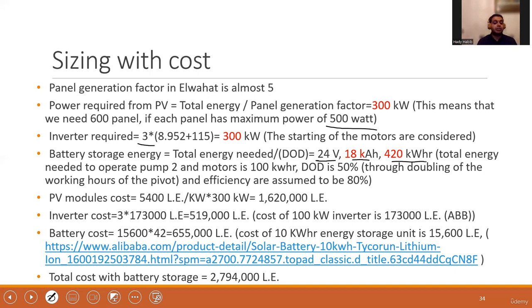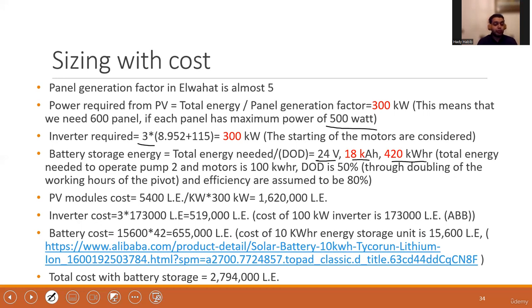Total energy required to operate pump 2 and the motors at night is 100 kilowatt hour. The DOD is assumed to be 50% through stabilizing the working hours of the pivot. As I mentioned, we assumed it's working 10 hours, but in fact it will work only 5 hours. And the efficiency in all cases is assumed to be 80%.